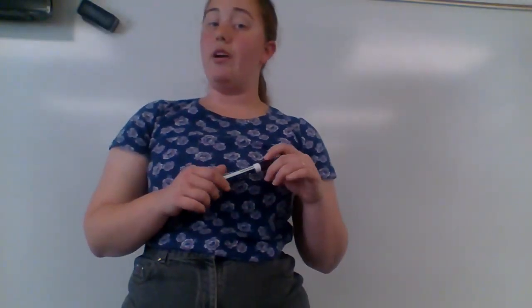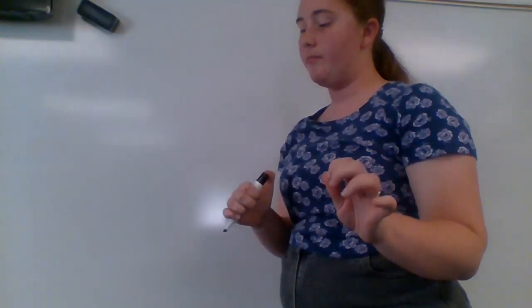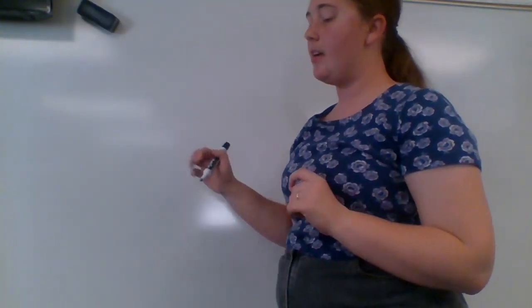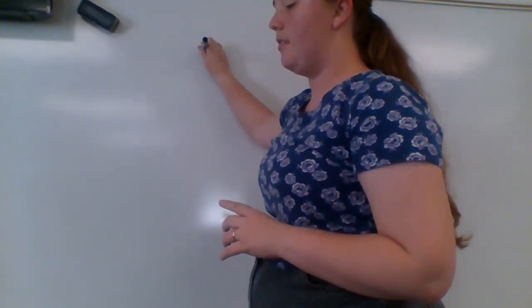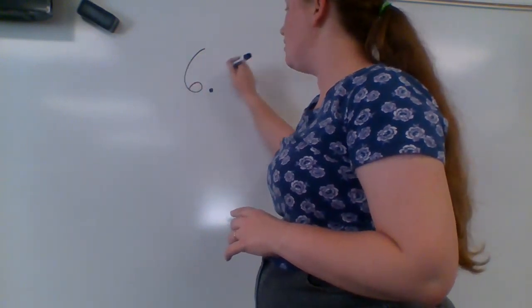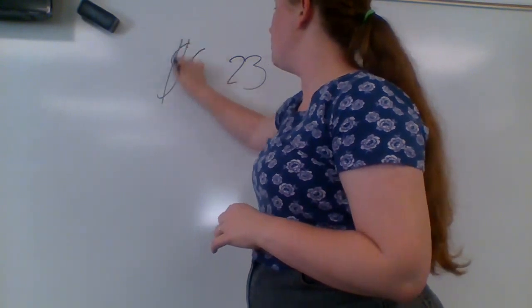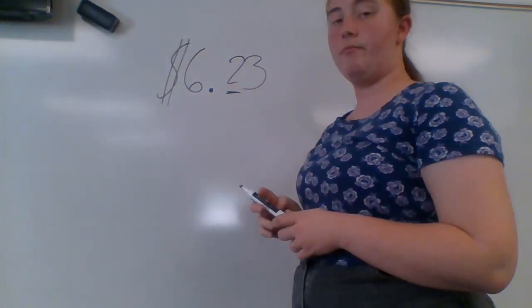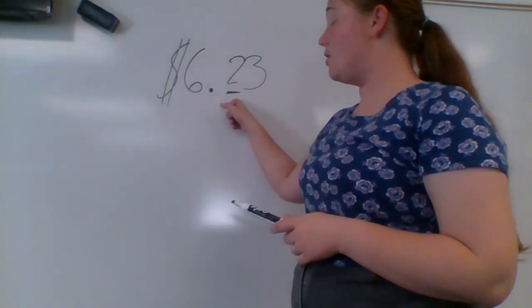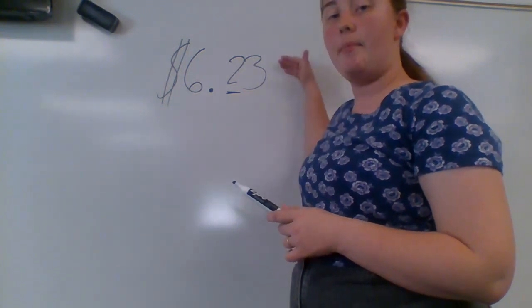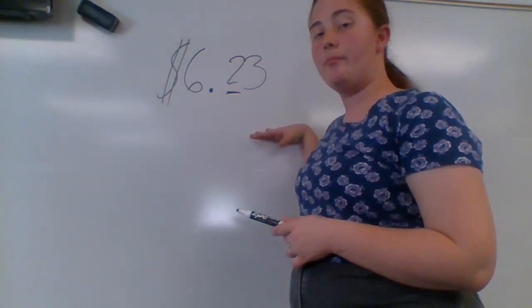Moving on to number 6. They want you to round to the nearest dollar. Letter A, we're only doing A, B, and C. We have $6.23. We're looking at this 2 right here. So is this 2 going to tell us that we're going to round up, or are we going to stay where we are?